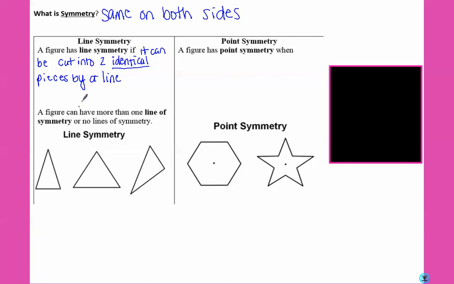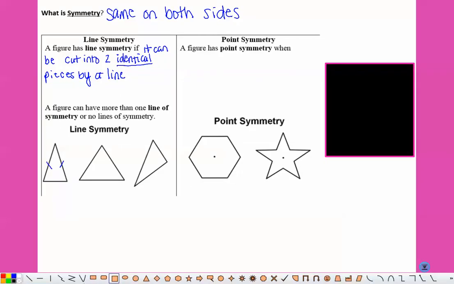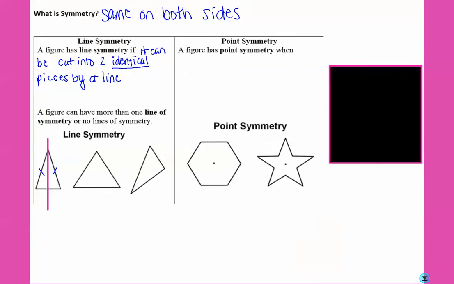So let's look at this isosceles triangle. We can cut it down the middle for one line of symmetry. It's the same on both sides. Now, for this equilateral triangle, it's the same on all three sides.